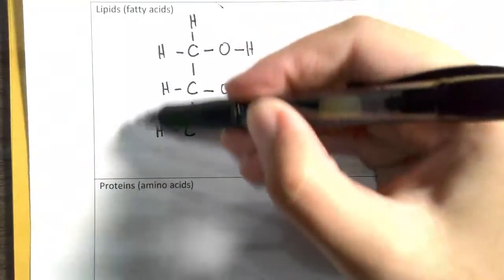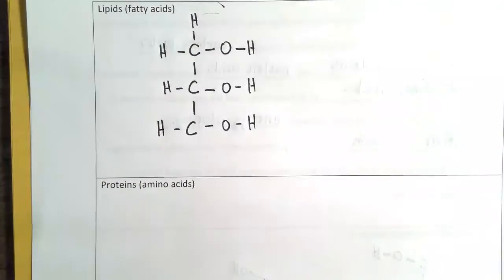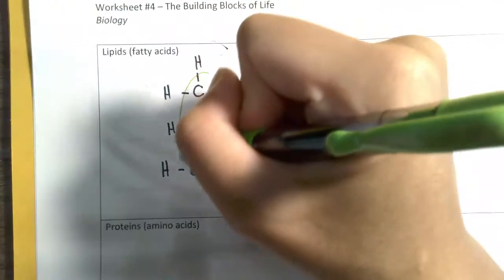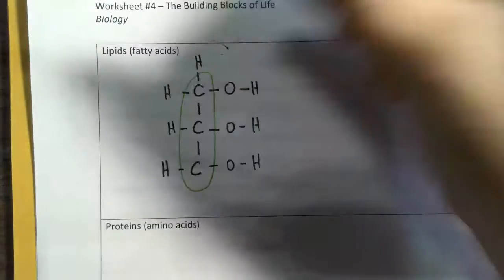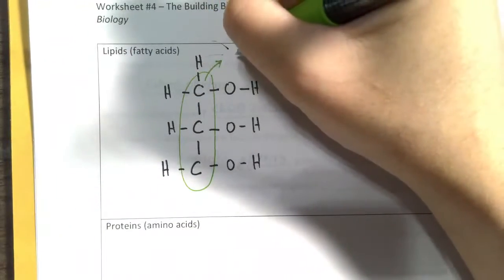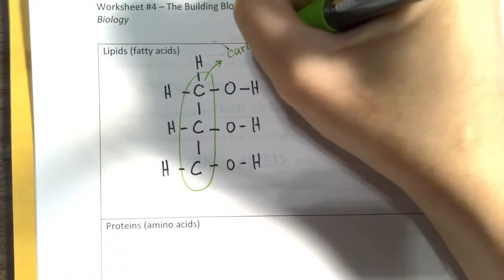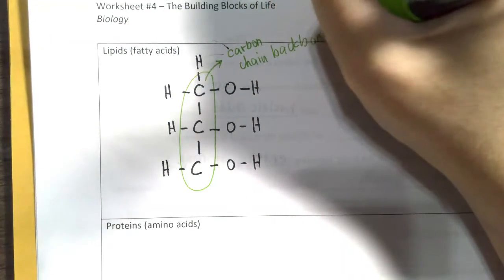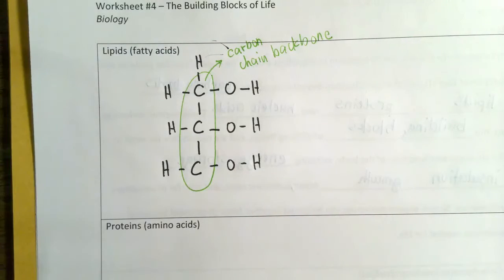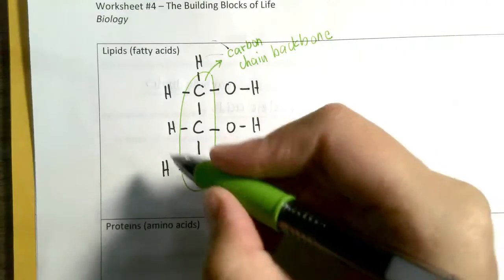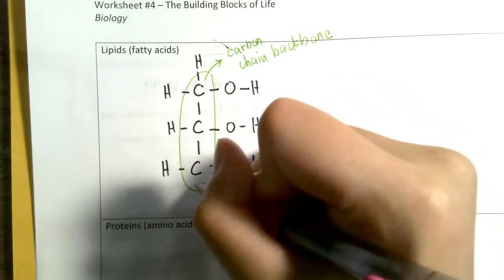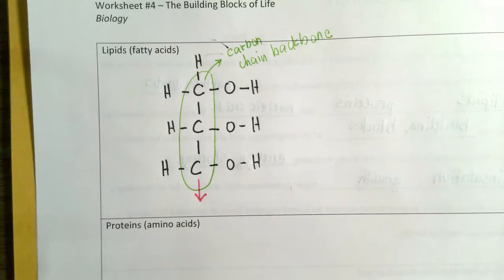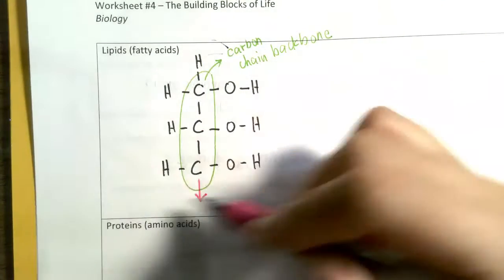So this is the backbone of a lipid. As you notice, it's all going to be carbon, and this is known as a carbon chain backbone. And this can actually go on. This can keep going to a lot more carbon chain backbone.